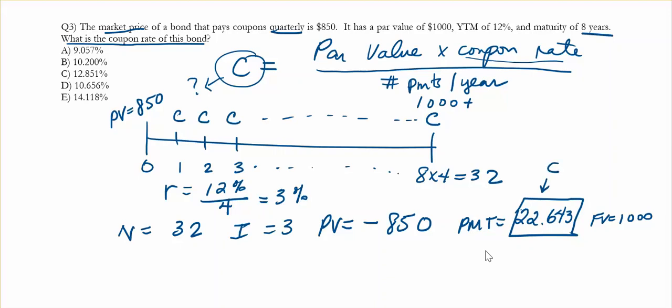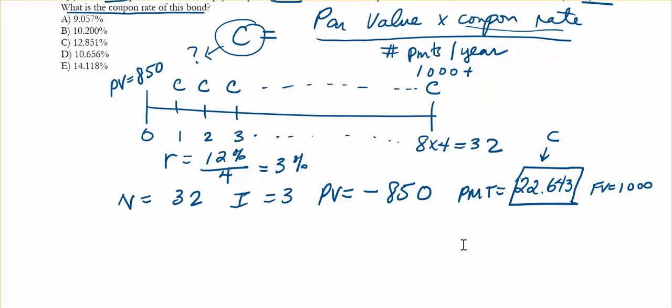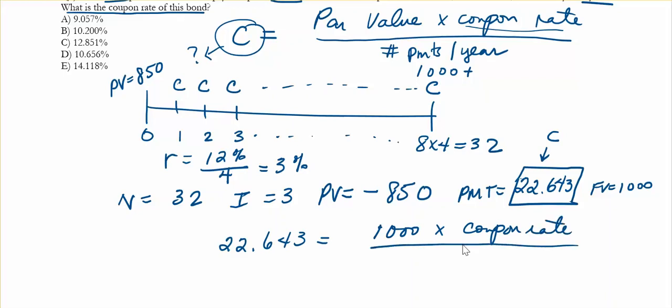We're going to plug it into the definition of coupon payment given a coupon rate. So the par value was 1,000. There are 4 payments a year.